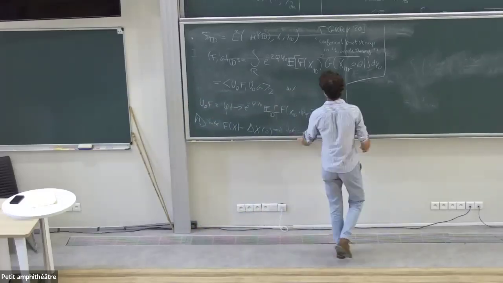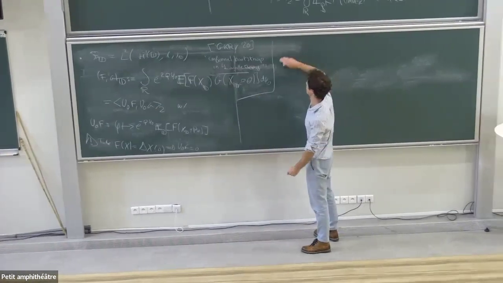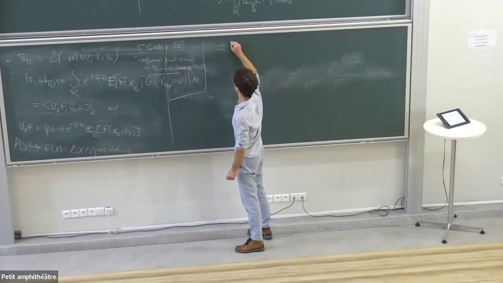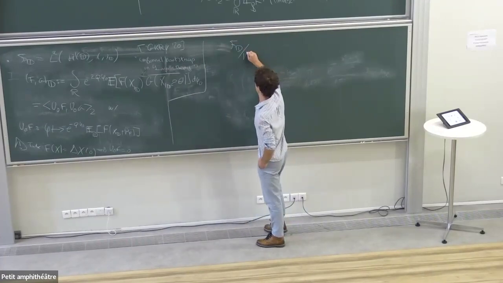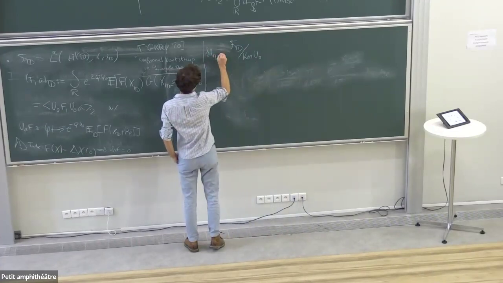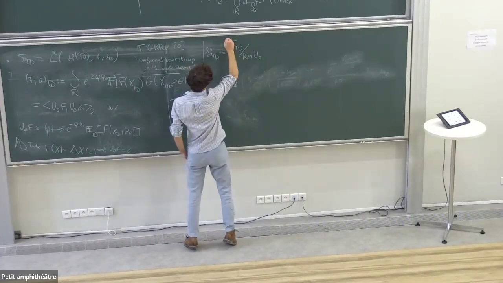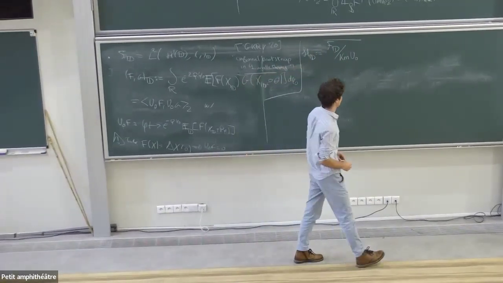So in particular, this is not like a positive definite scalar product. So what I can do is I mod out by the kernel of this map. And I define a Hilbert space, which is this quotient, but I need to complete.